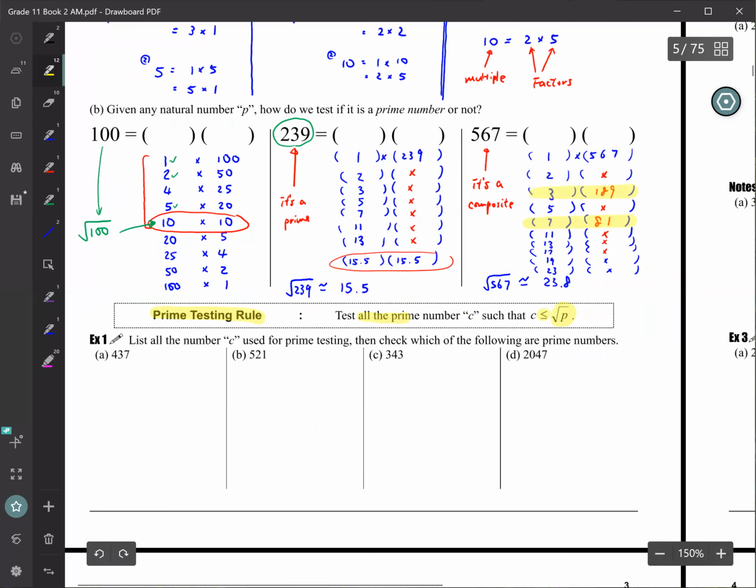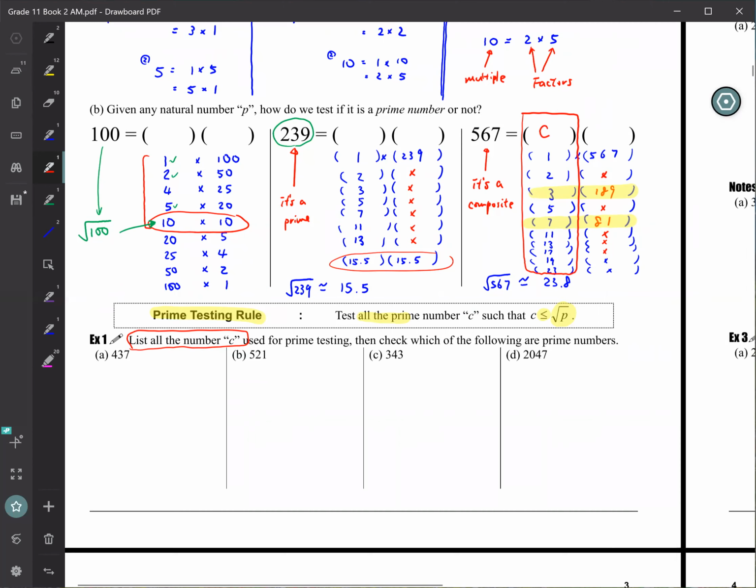This part is not just testing prime or not, you need to list. Please list all the numbers C. What does that mean? C is the number that you use to test. So for example, for 567, C will equal 1, 2, 3, 5, 7, 11, and so on.